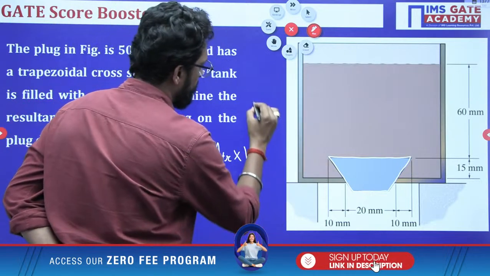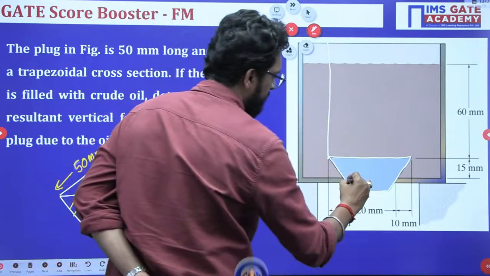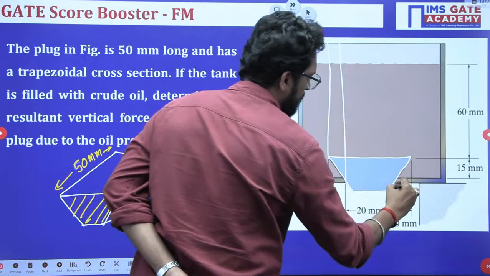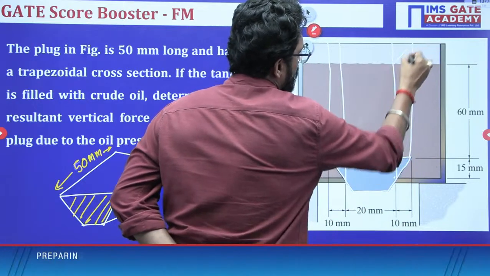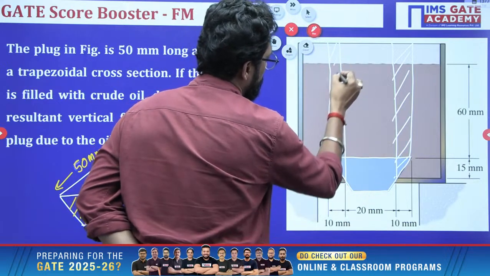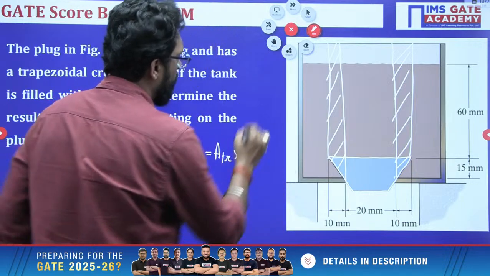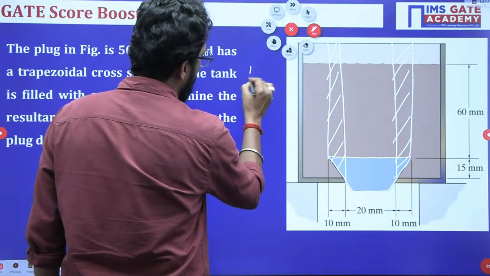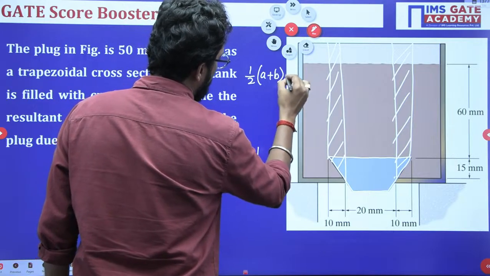What is the area of the trapezium? Let's suppose the trapezium goes up to this height. It is visible now, yes. So what is the area of the trapezium? Half the sum of the parallel sides into the gap x.